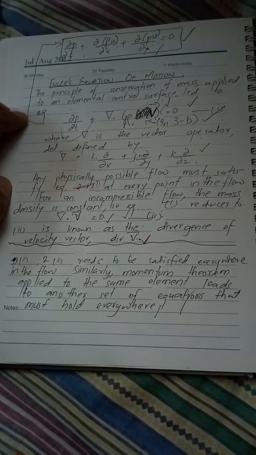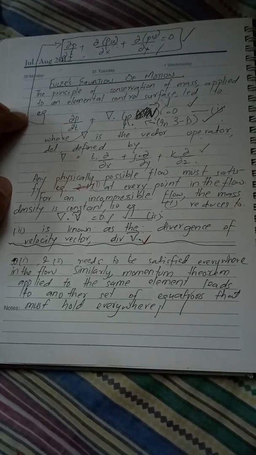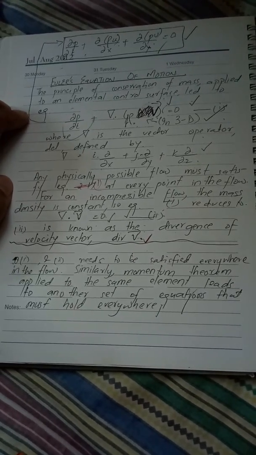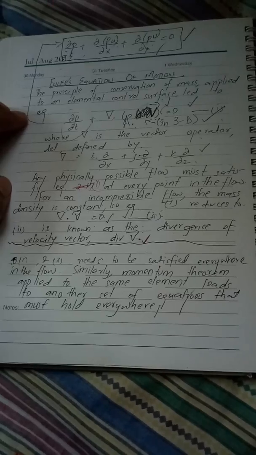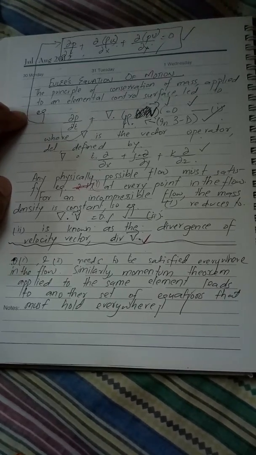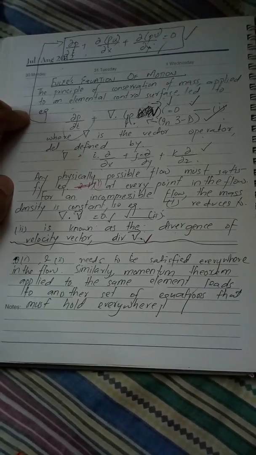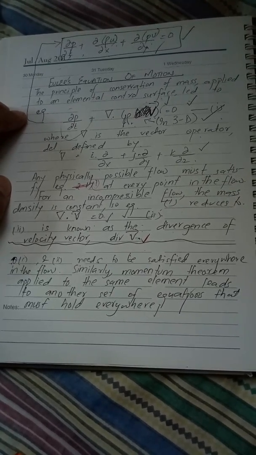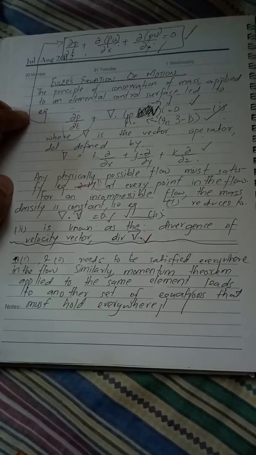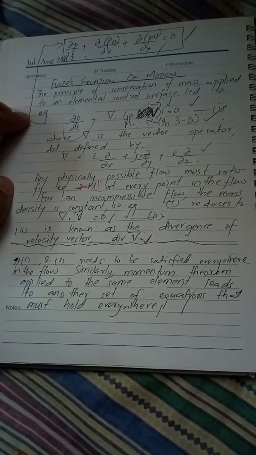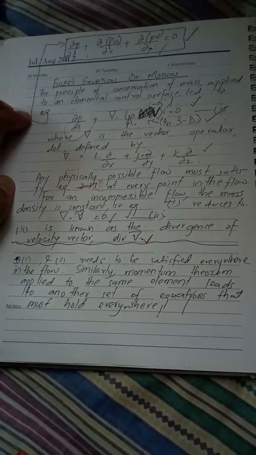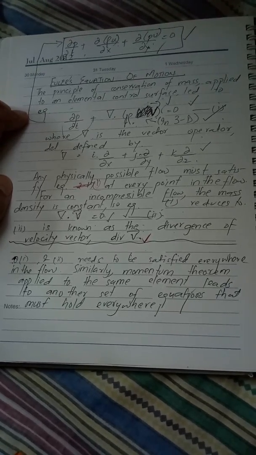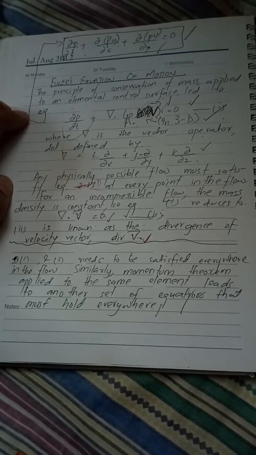We are dealing with the momentum, the momentum flux, the instantaneous momentum, the viscous fluid, and the control surfaces, the elemental control surfaces. So whenever there are elemental or differential control surfaces, the principle of conservation of mass is applied. We're going to use Euler's equation of motion in three dimensions, just to have the mass conservation principle followed.